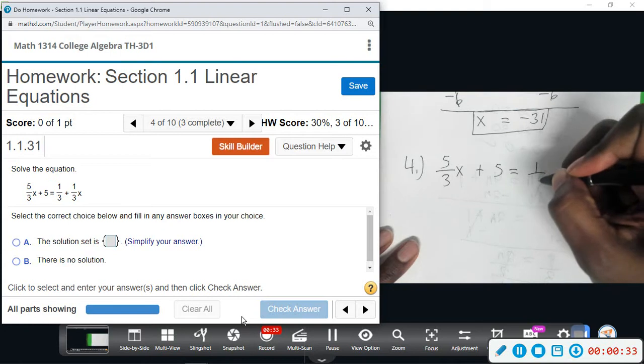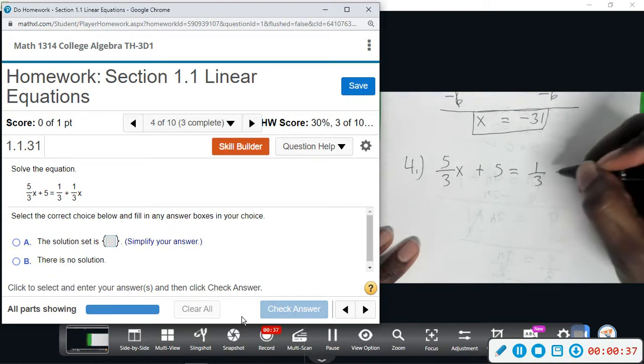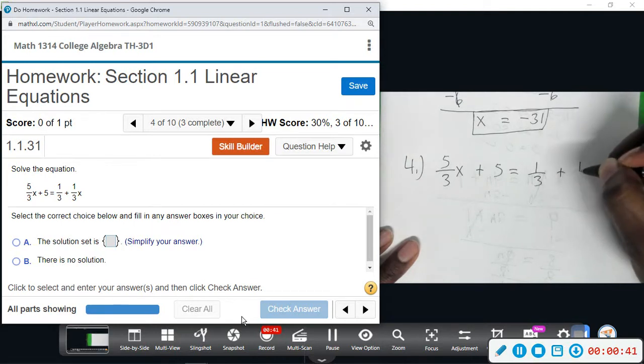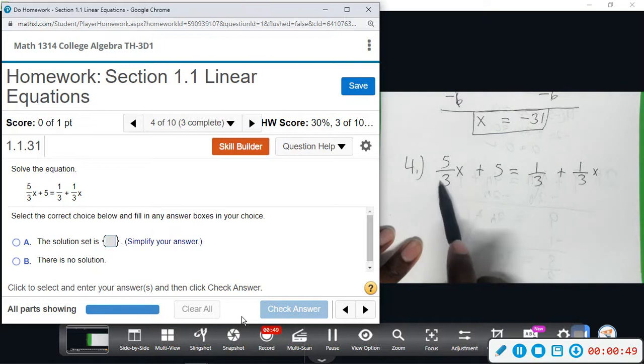So we got 5/3 x plus 5 equals 1/3 plus 1/3 x. Alright, so when you think about what causes fractions to happen, or what operation is division, this number is being divided by 3.